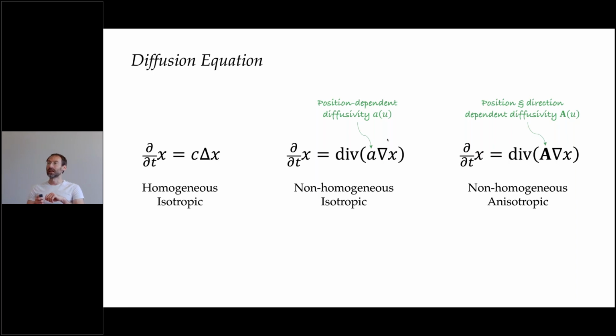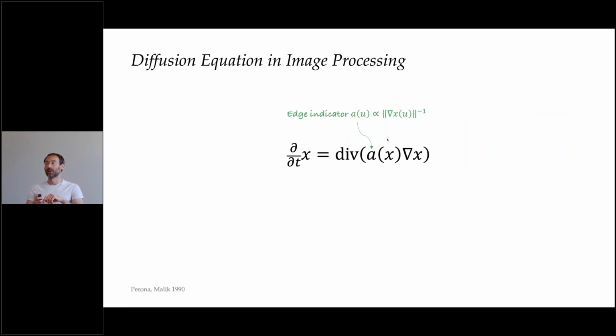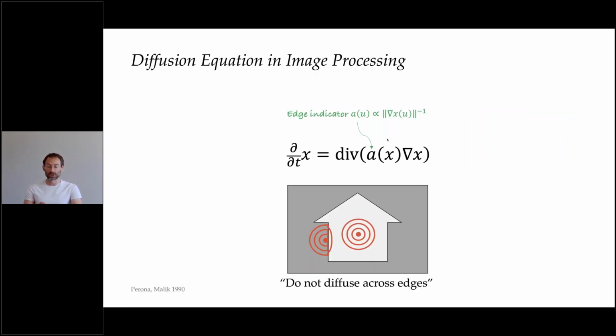And these kinds of equations have attracted a lot of attention in the image processing literature, where you can apply the diffusion equation to, for example, denoise an image. It will be averaging out the noise in the pixels, but at the same time, you don't want to destroy edges or discontinuities in an image that are important for visual perception. And the idea that dates back to Perona and Malik from 1990 was to make the diffusion adaptive.